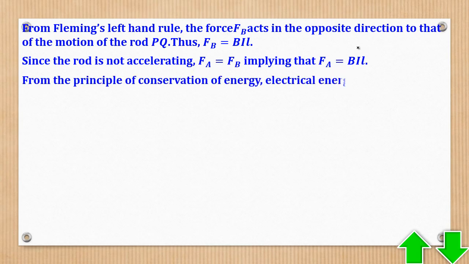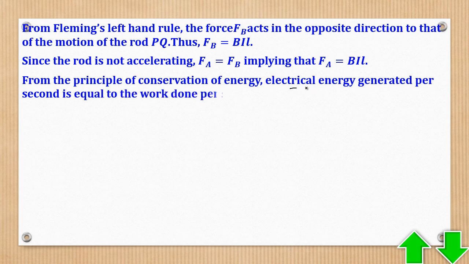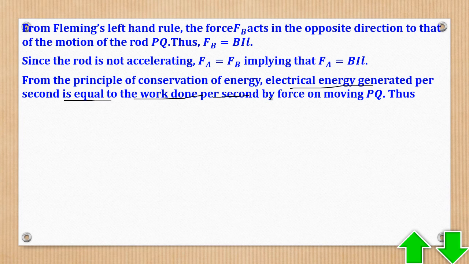Now, from the principle of conservation of energy, electrical energy generated per second is equal to the work done per second by the force on moving P2. So electrical energy generated is power, which is EI, where E is the EMF and I is the current, and this is equal to power, or work done per second, which is force times velocity. Why? Because velocity is constant.